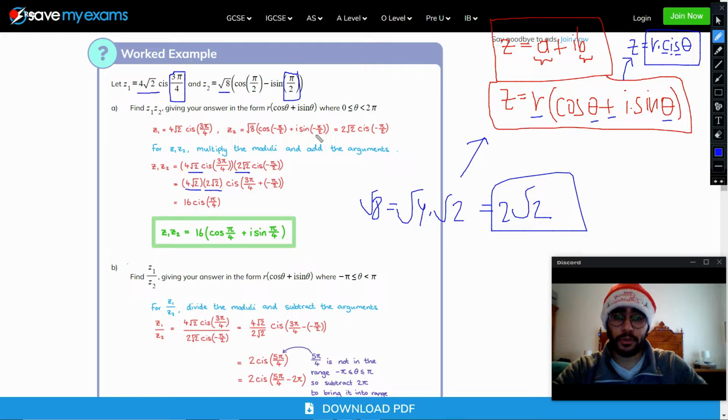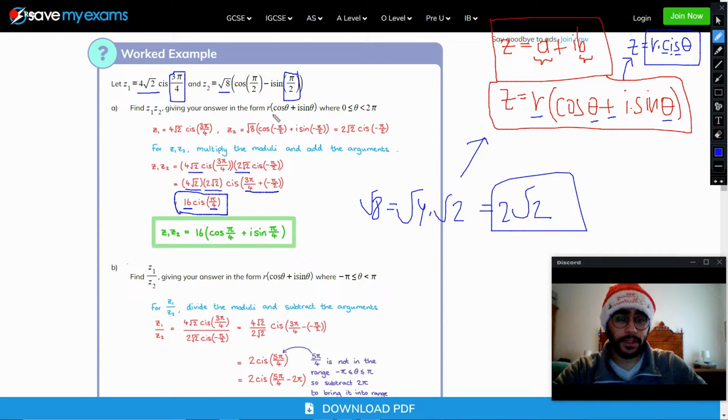Okay, so let's continue. So we have minus pi divided by 2, and we have 3 pi divided by 4. We add these angles, and then we get pi divided by 4. Of course, the multiplication of 4 root 2 and 2 root 2 gives you 16. So your answer is 16 CIS pi divided by 4.